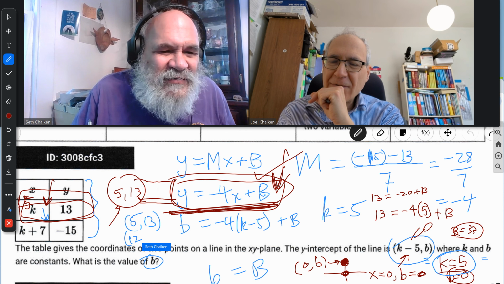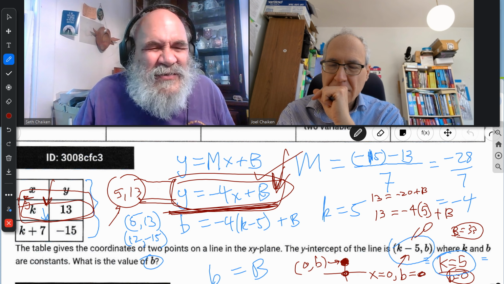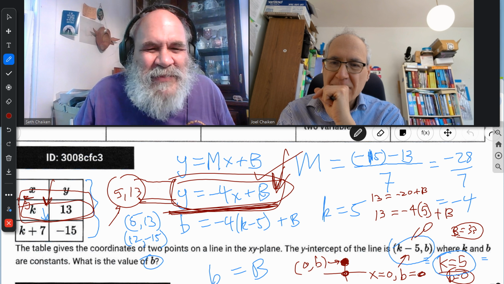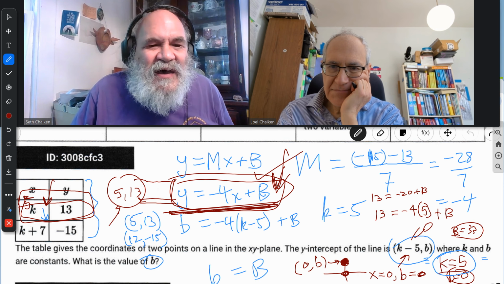Okay, so 12, negative 15. And then we want to find the y-intercept. So you have 2 points on the line, and we want to find the y-intercept.